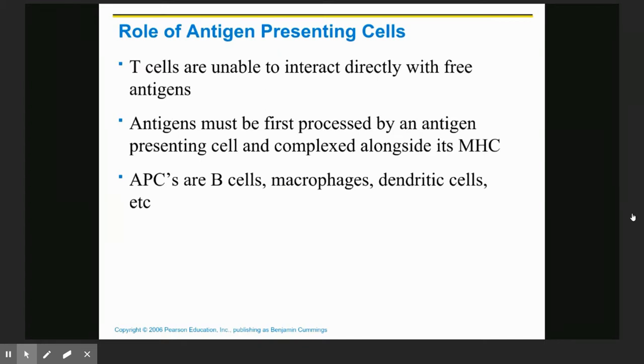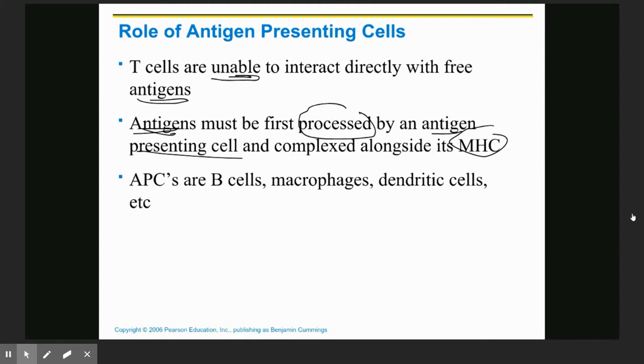So remember, they cannot interact directly with antigens. They're unable to do that. The antigens first have to be processed by an antigen presenting cell, and it has to be attached to its MHC and then presented to the T cell.